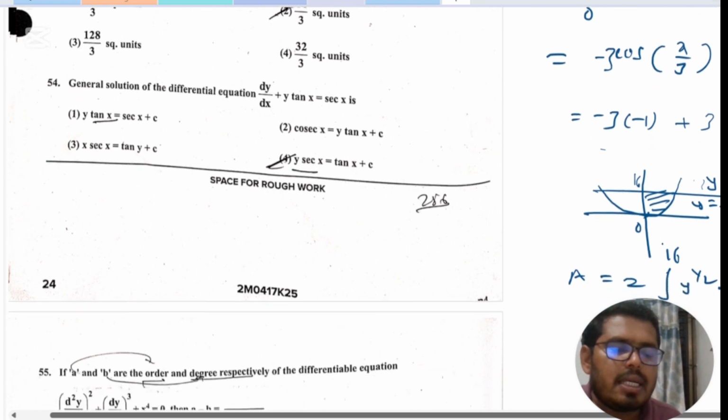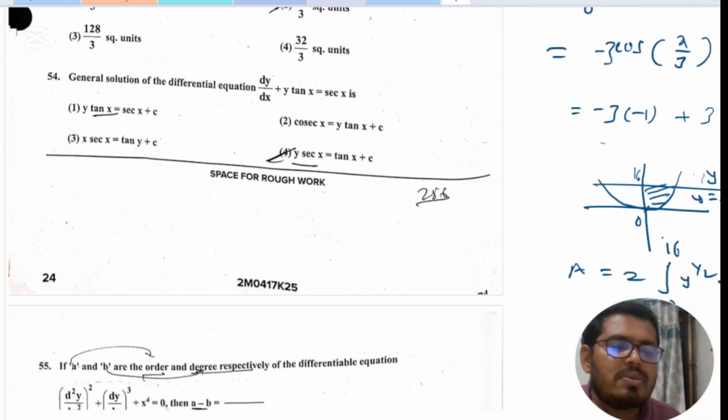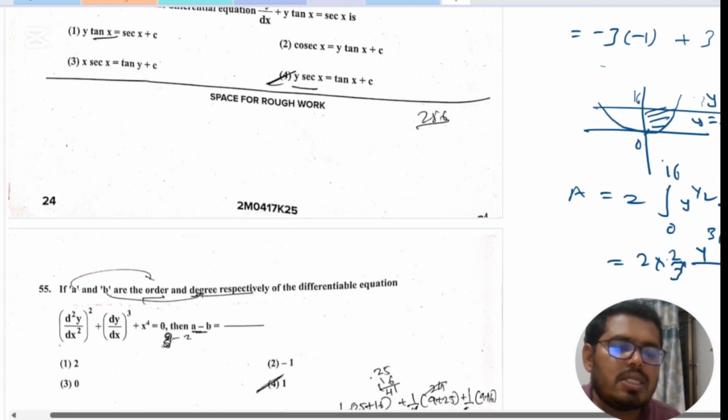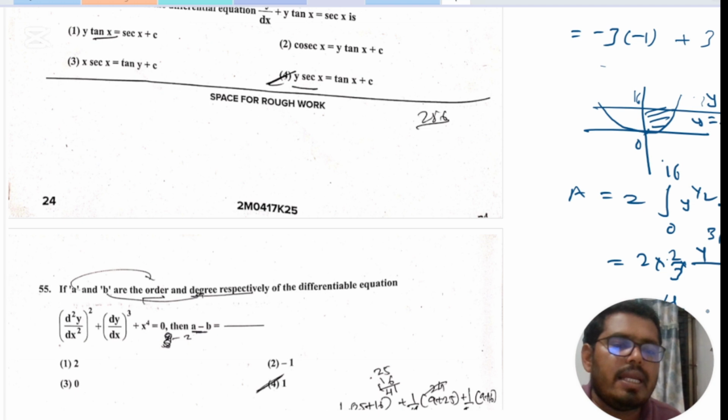It is equal to 2 times y raised to 3 by 2 divided by 3 by 2, which is 2 by 3, with limit 0 to 16. That is equal to 4 by 3, reciprocal of 3 by 2, into 16 raised to 3 by 2.